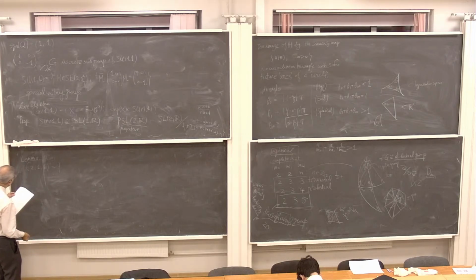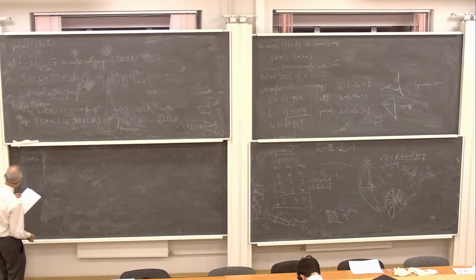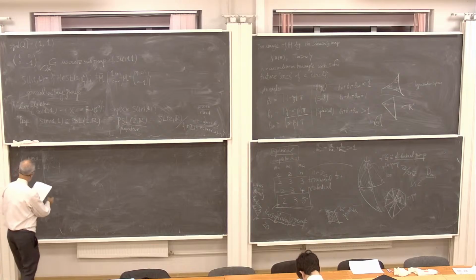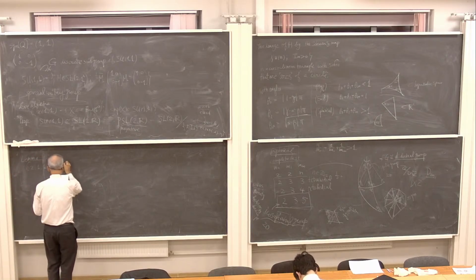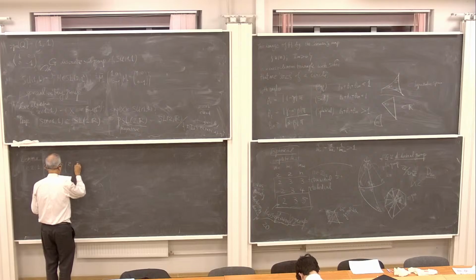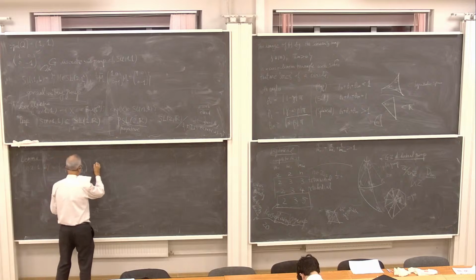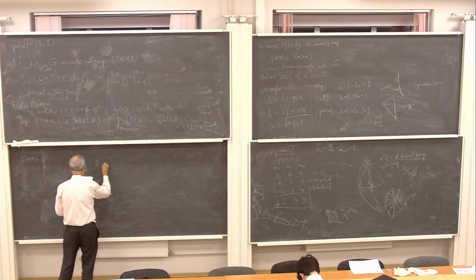The Lie algebra of the special unitary group consists of such matrices such that z1 bar equals minus z1.